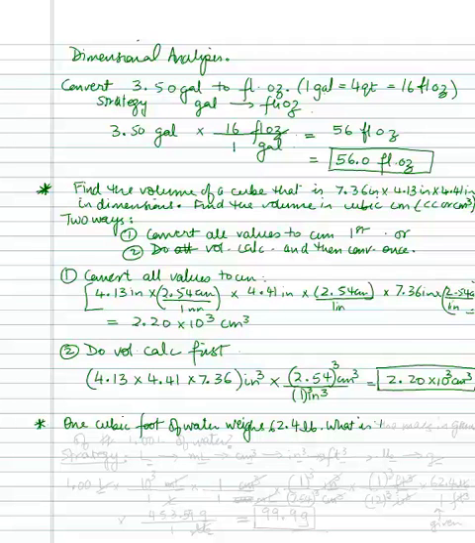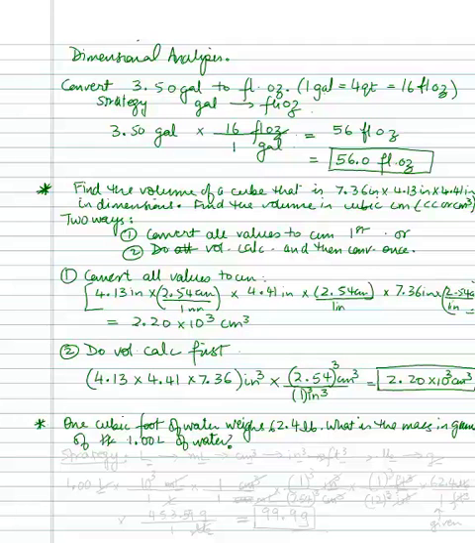What is the mass in grams of 1.00 liters of water? So this one is cubic foot of water and liters of water.